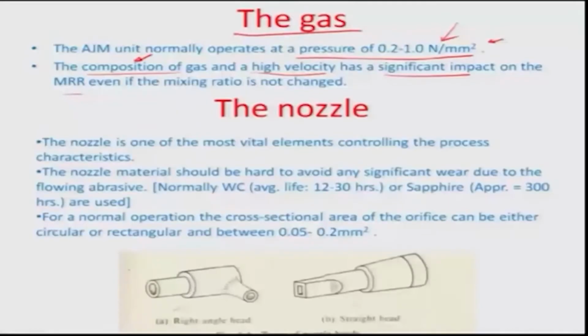The nozzle is again one of the most vital elements in controlling the process characteristics, and as I told you, the nozzle material should be typically very hard, because you are flowing abrasives continuously round the clock through that nozzle, and the nozzle gets deteriorated in terms of its shape and size.